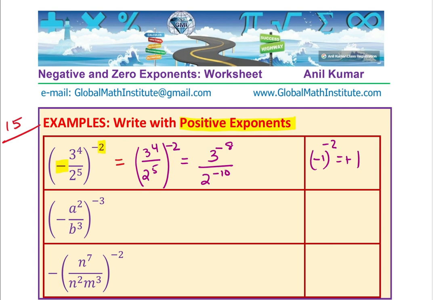What I did was I multiplied and I got negative exponents. Well, you know negative is reciprocal. We can flip it, right? We can flip it. And therefore, this indeed becomes 2 to the power of 10 over 3 to the power of 8. Does it make sense to you? So we have to flip it to write this as a positive exponent. Make sense?